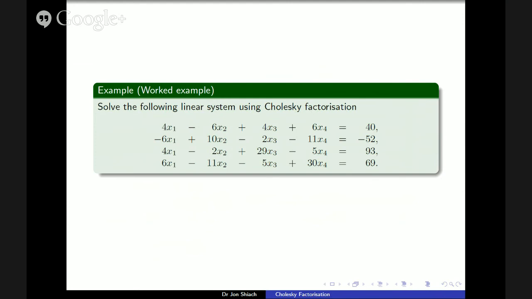Okay, so if we want to solve this system, we first solve Ly equals B. So L was calculated previously, times Y. So these are unknowns. And the right-hand side vector is 40, minus 52, 93, and 69.